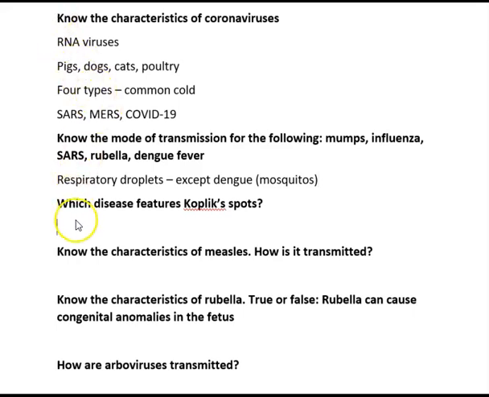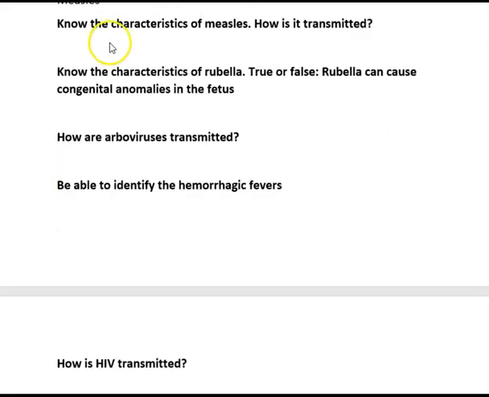Which disease features Koplik's spots? Remember, these are spots inside of the mouth. They are pathognomonic for one disease. And what pathognomonic means is that you only see these with one particular disease, and that disease is measles. Okay, what do I want you to know about measles in particular?